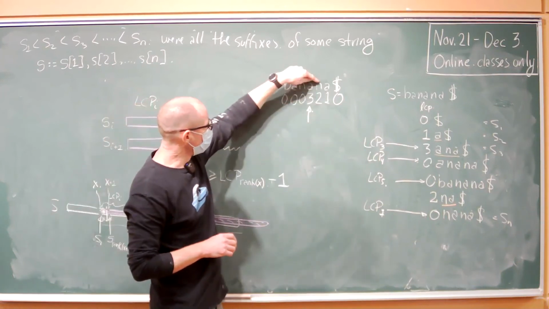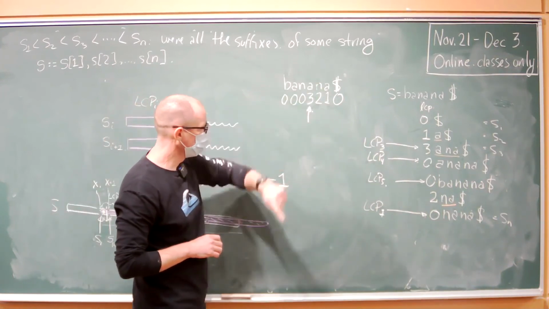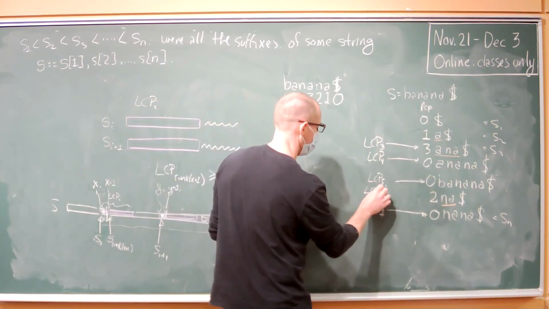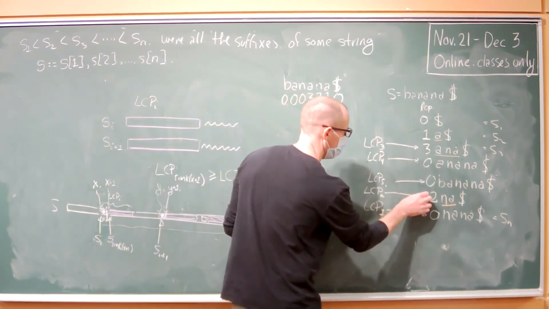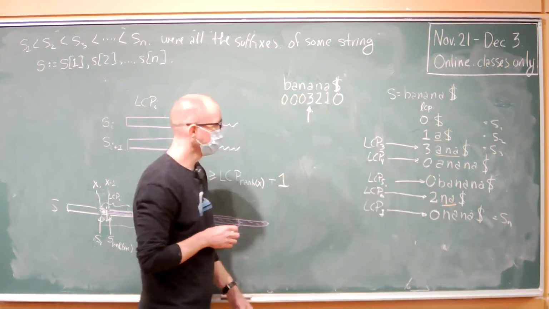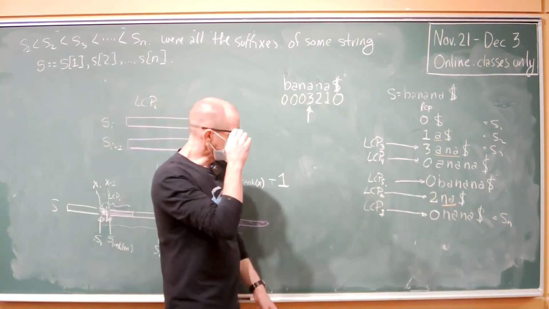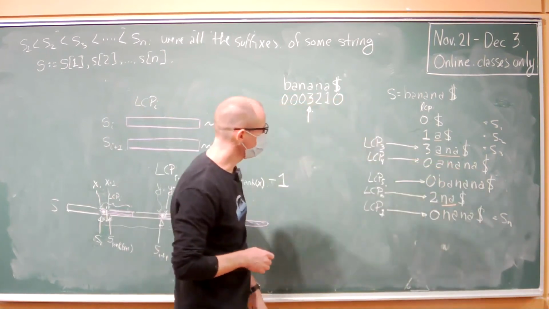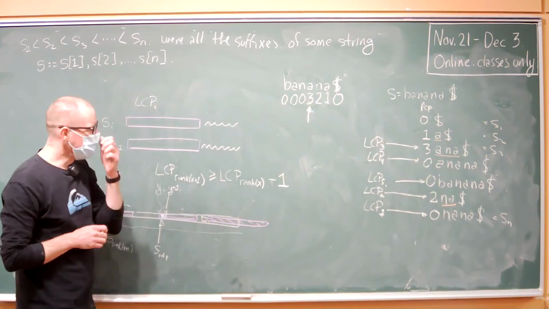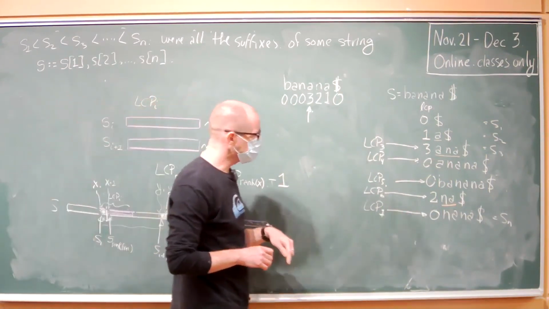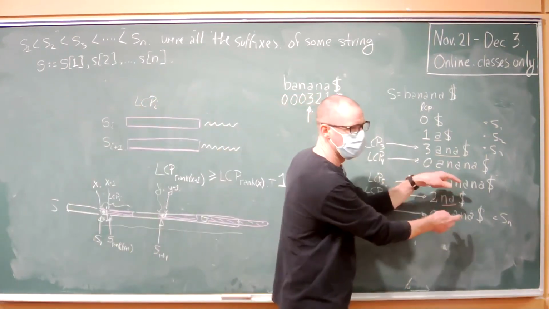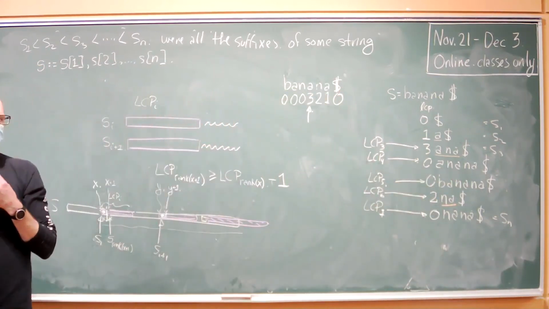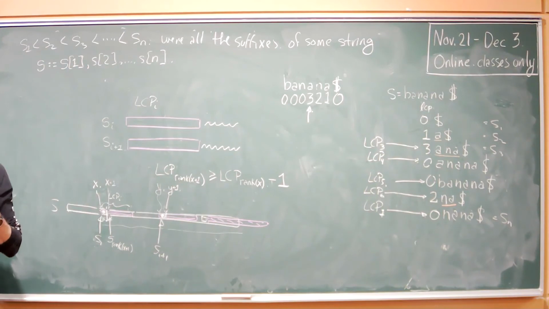Next, I want to move to na, which the rank array tells me where that is. It's here. And the suffix array tells me the string that comes after it in sorted order is nana. That's this one. Now, I need to compare these things and figure out their longest common prefix. How should I do that?